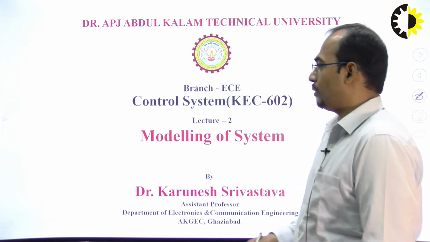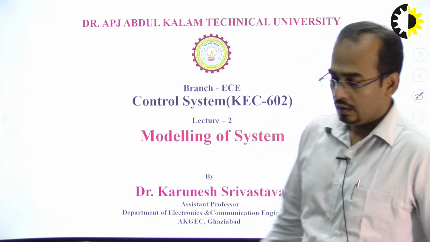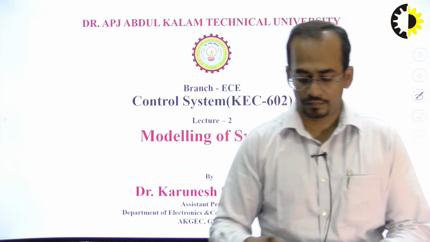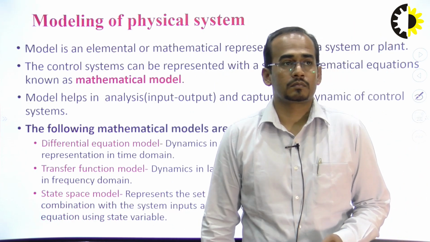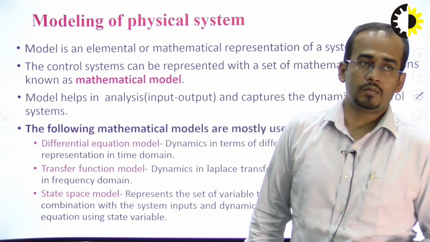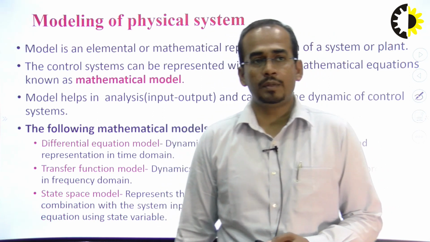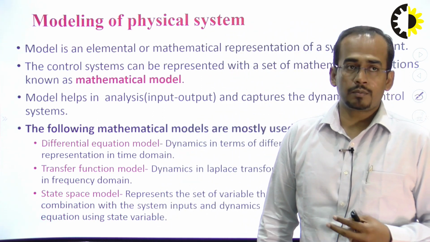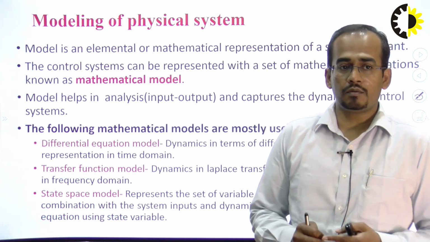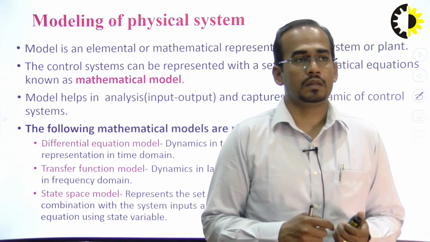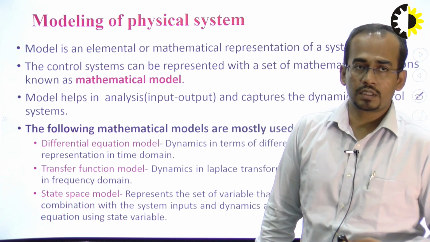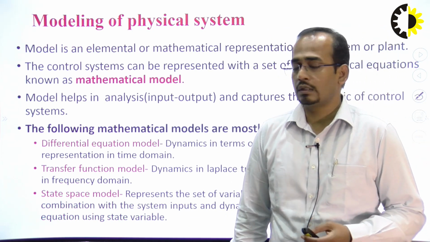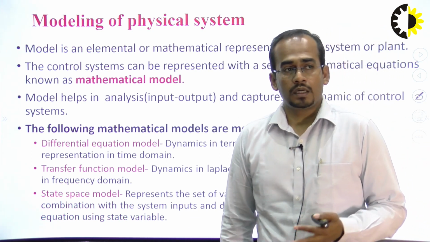So, what is modeling of the system? Modeling of a physical system is a mathematical representation of a system or a plant. The control system can be represented with a set of mathematical equations known as a mathematical model.